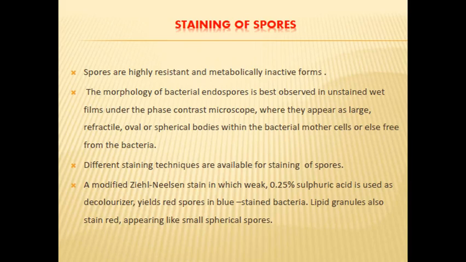A modified Ziehl-Neelsen stain, in which weak 0.25% sulfuric acid is used as a decolorizer, yields red spores in blue stained bacteria. Lipid granules also stain red and appear like small spherical spores.